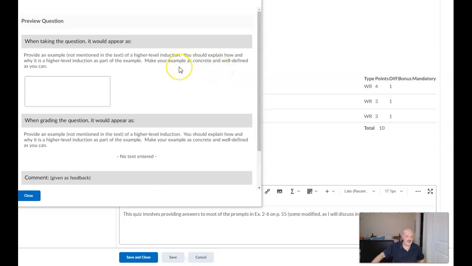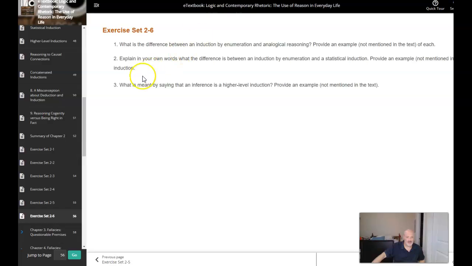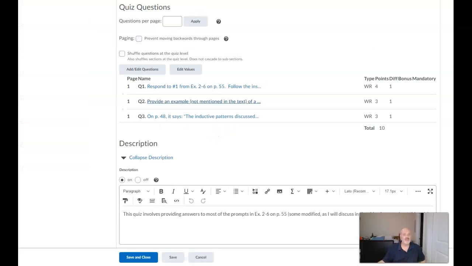So this is the second half of number 3 from exercise set 2-6, and that comes from here. As I said, make sure that it's a different one than what's in the text. Again, I'm going to show you the text area here as well in a minute.